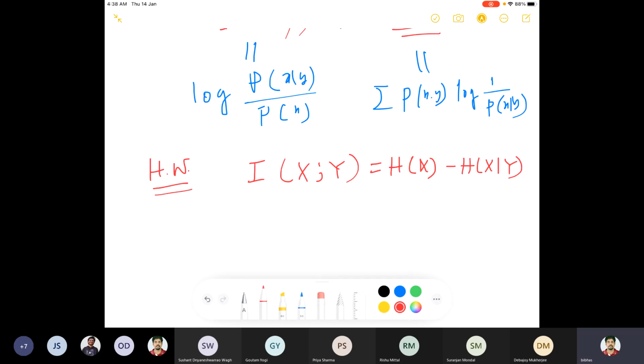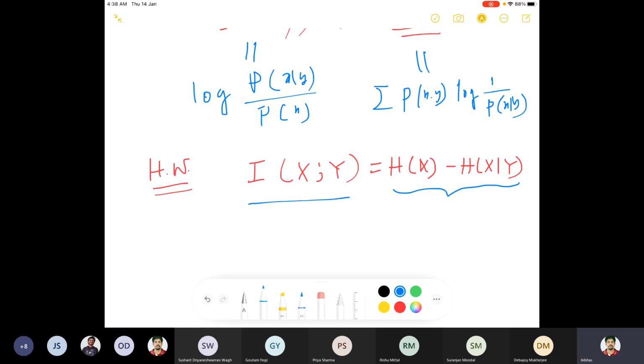How do you interpret, let's say, I(X;Y), the mutual information between x and y? No, that is the definition, right? Now the question is, this quantity is equal to this quantity.